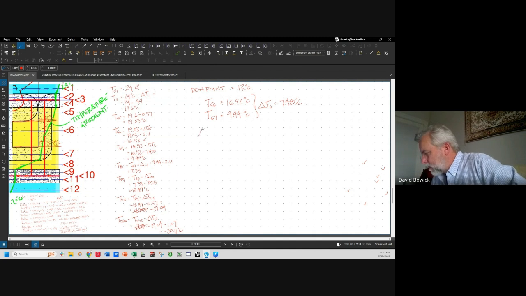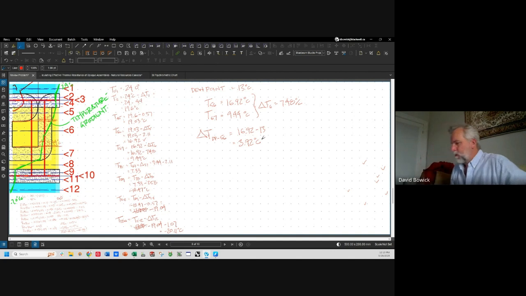Delta T from the dew point to boundary 5, 6 equals 16.92 minus 13 degrees, equals 3.92 degrees. So 3.92 degrees is the difference in temperature from the temperature at boundary 5, 6 to the dew point.